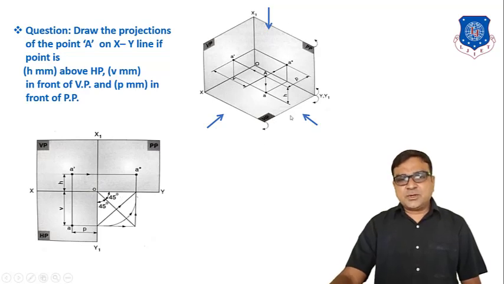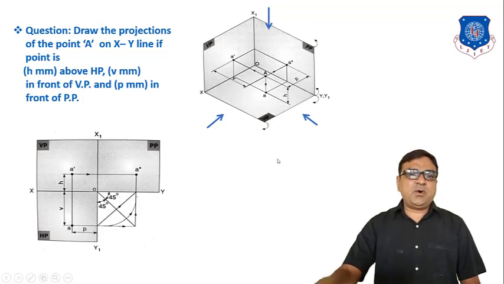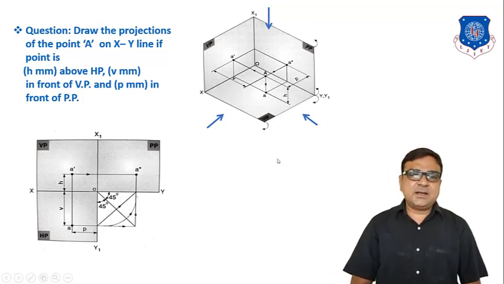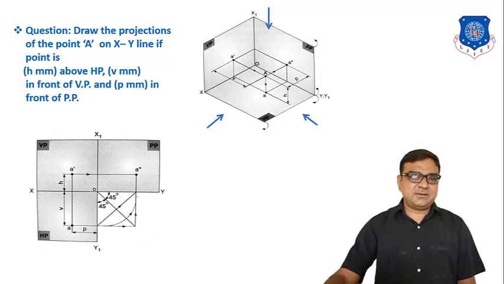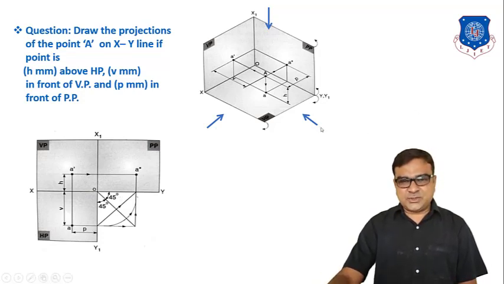So when you rotate the horizontal plane clockwise 90 degrees and the profile plane 90 degrees, and keep all three planes in a single plane, and then observe from the position of the front view, you will get this type of projections. Here, this is the XY line, the intersection of HP and VP.